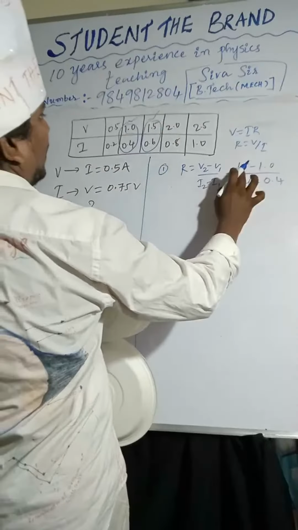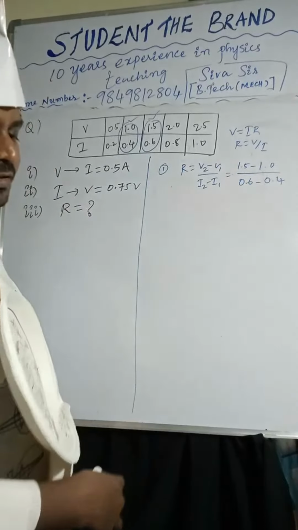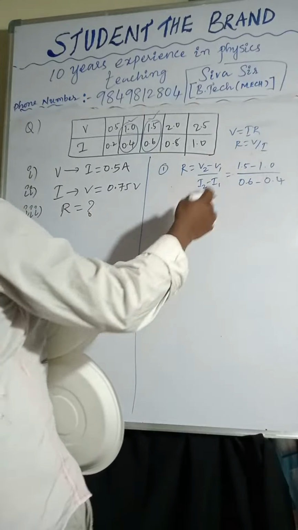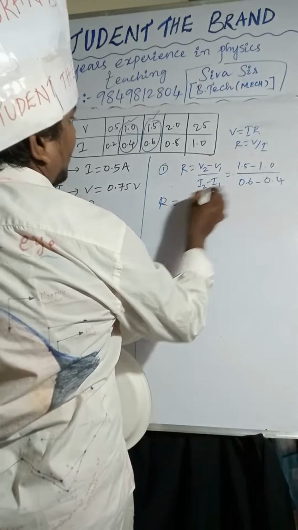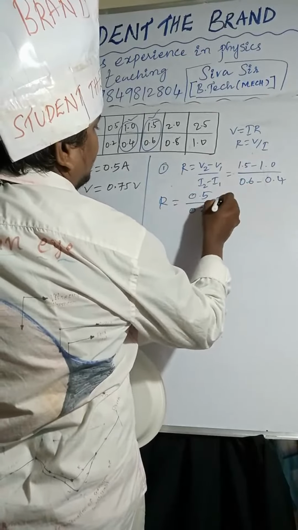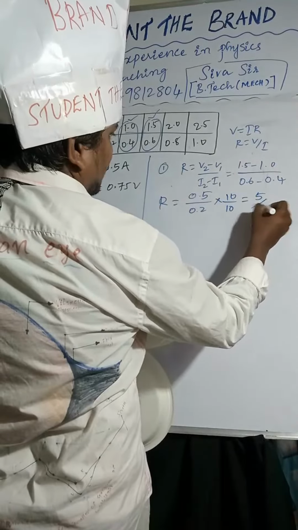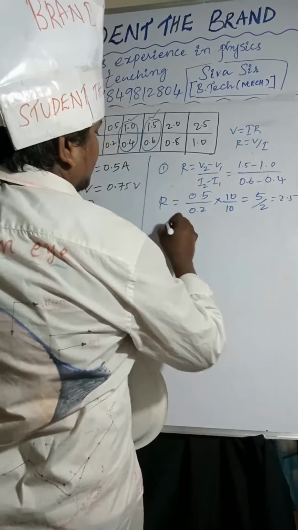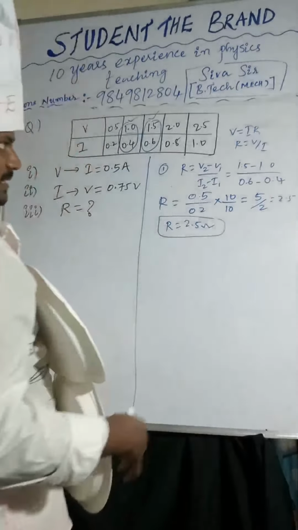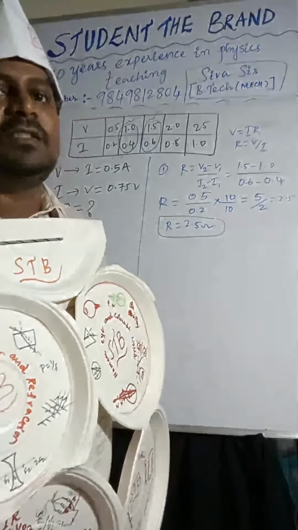So 1.5 minus 1 is 0.5, and 0.6 minus 0.4 is 0.2. So 0.5 by 0.2, which is 5 by 2, that is 2.5. So R equals 2.5. That is the resistance. You got the resistance, right?